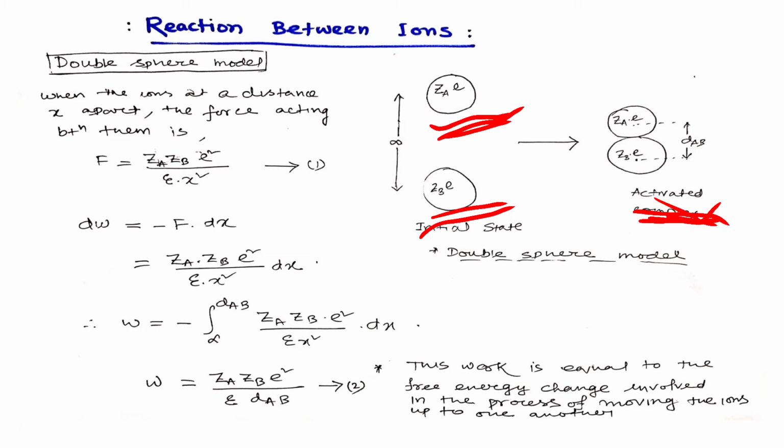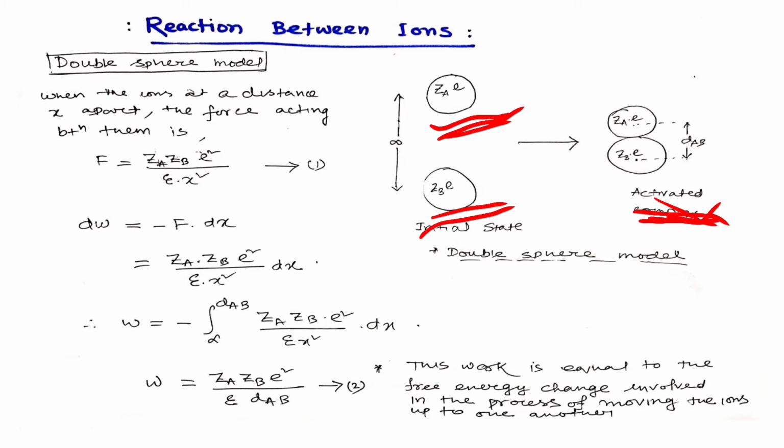You can't say whether they collide or not, they just touch each other. This is the double sphere model. The ions are treated as hard spheres, and the solvent is treated as a continuous dielectric. From here we can calculate the free energy contribution of work.